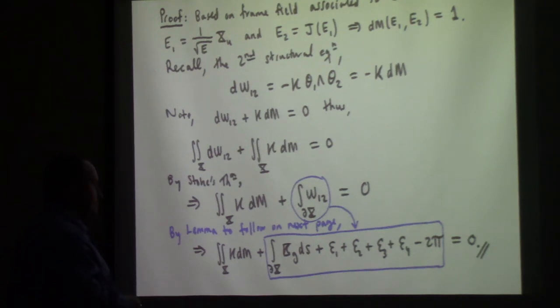I guess the lemma is about to come next, but this integral over the boundary piece from the modified Stokes' theorem gives us all of this. And once you have all of that, well, that's the theorem, right? So the question is, why is this equal to that? And again, maybe this should be understood in terms of a limiting process.